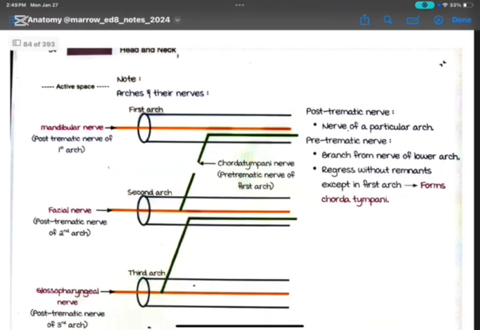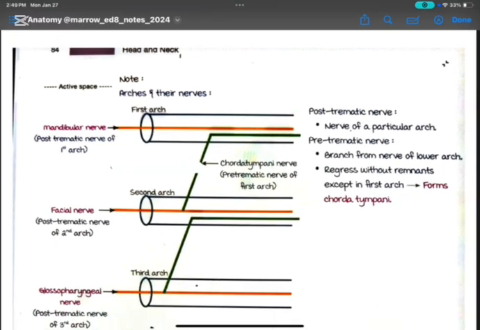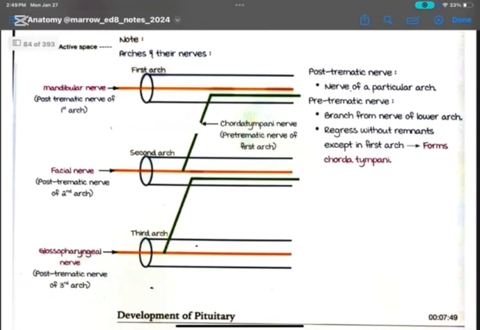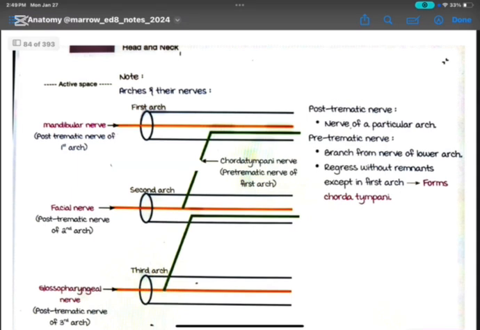Note: arches and their nerves. First arch, second arch, third arch. First arch, mandibular nerve. Post-trematic nerve of first arch. Post-trematic nerve, nerve of a particular arch. Pre-trematic nerve, branch of a nerve of a lower arch, regress without remnants except in first arch, forms chorda tympani.